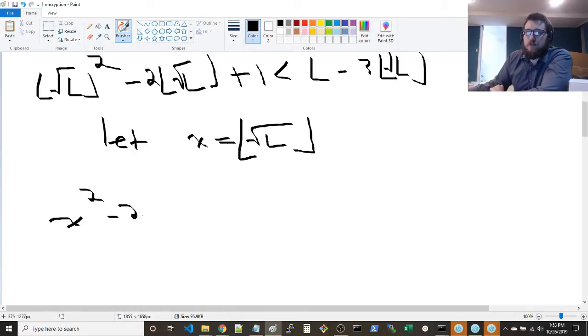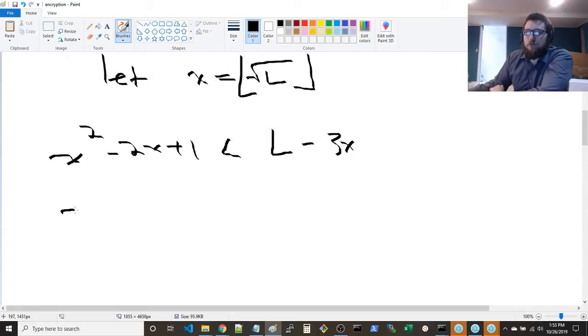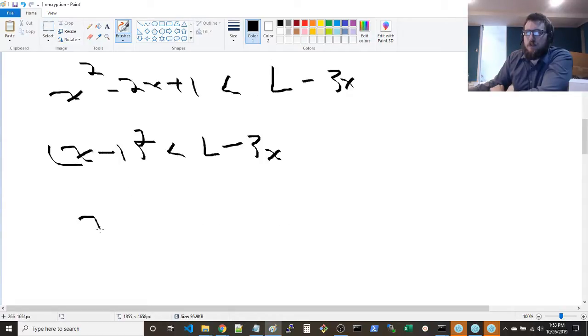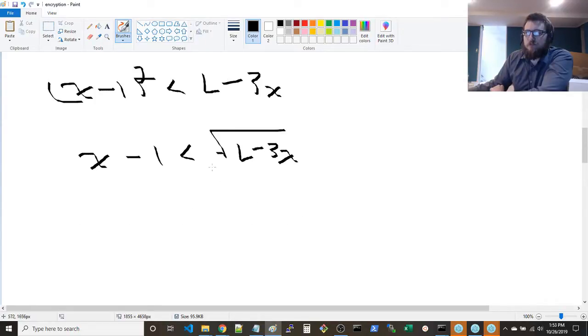So x squared minus 2x plus 1 is less than L minus 3x. And that gives us x minus 1 squared is less than L minus 3x. Gives us x minus 1 is less than the square root of L minus 3x. And then x is less than the square root of 3x plus 1.